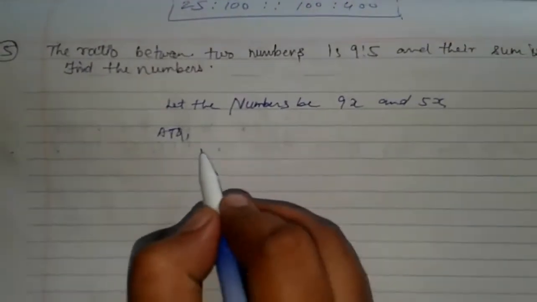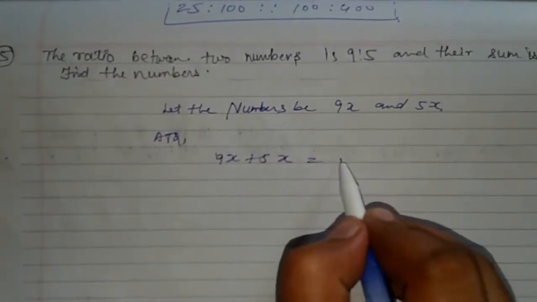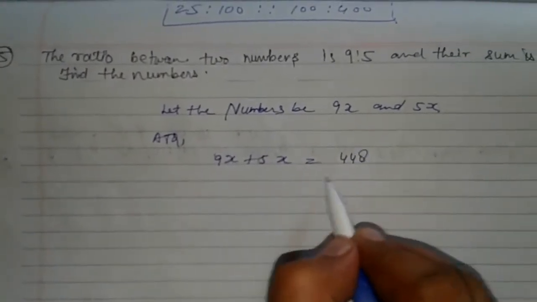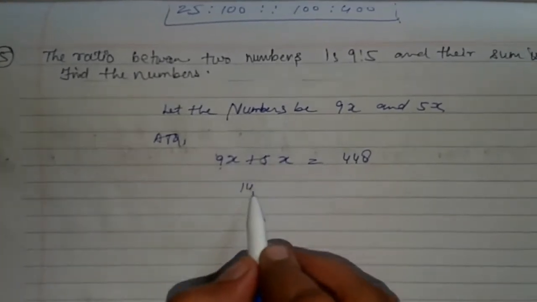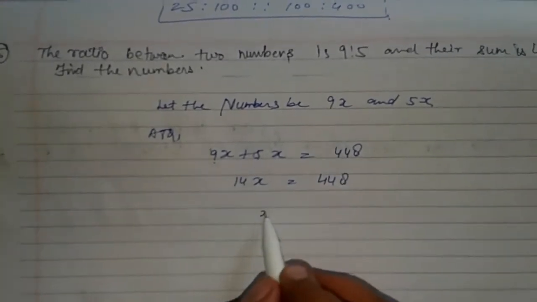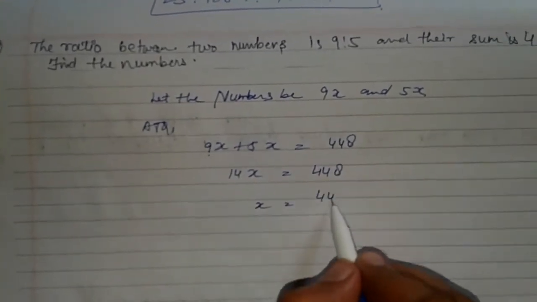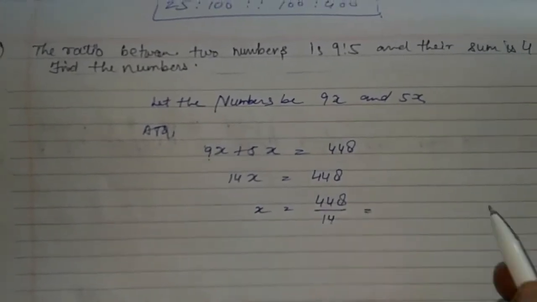According to the question, 9x plus 5x equal 448. 9 plus 5, 14x equal 448. x equal 448 divided by 14.